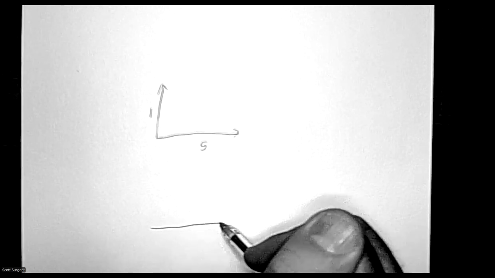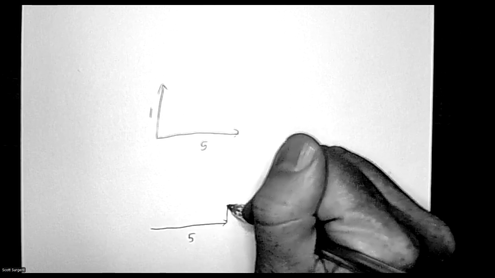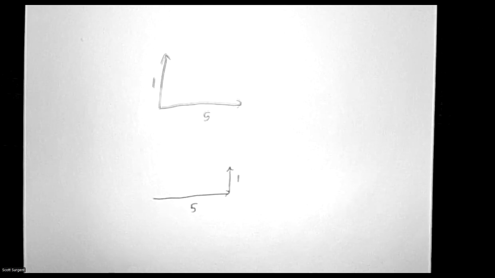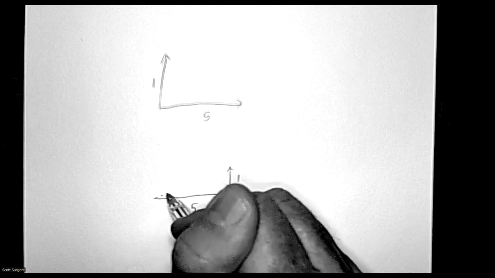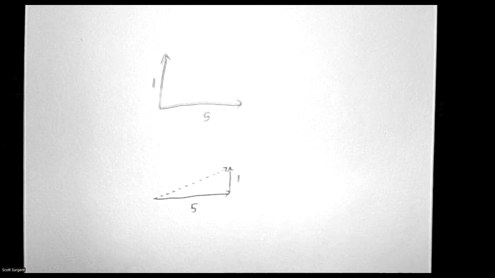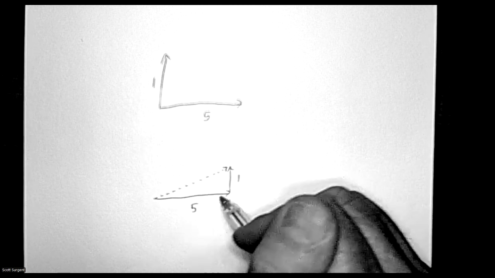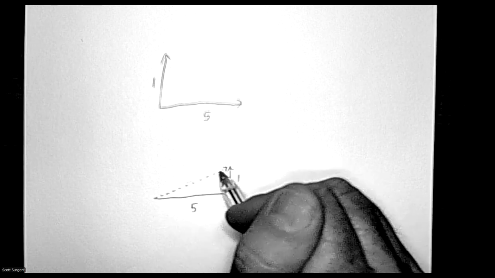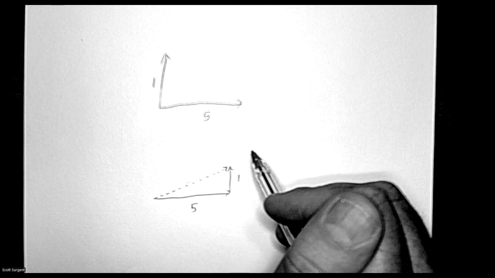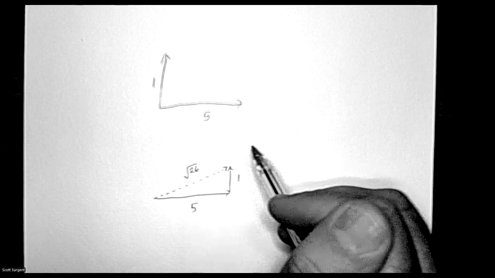What I would do is draw it like that, and then the kid is actually moving in that direction, if you look at it from above. The speed is going to be the magnitude of the hypotenuse, so it would be rad 26.